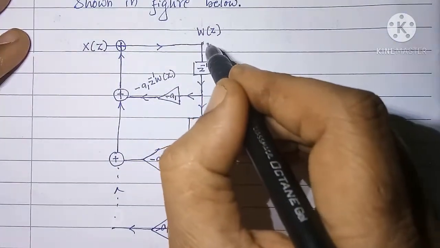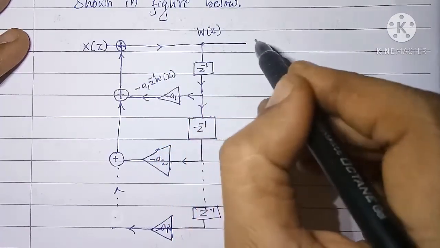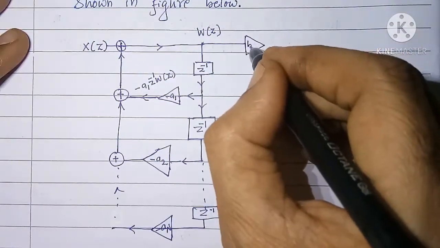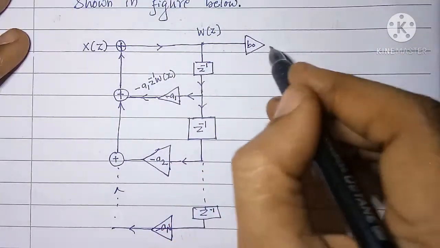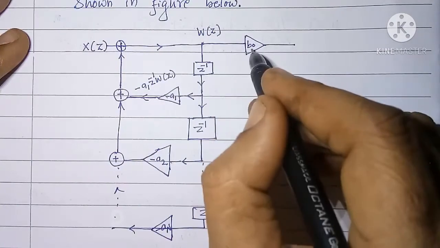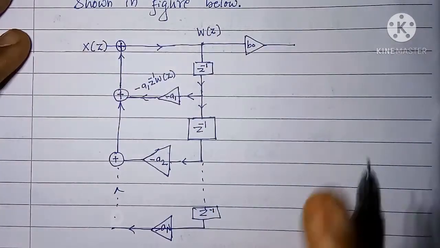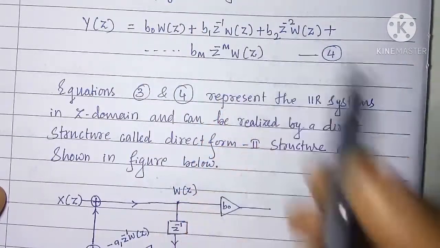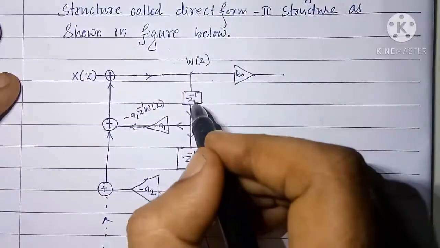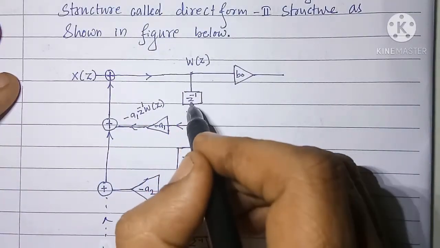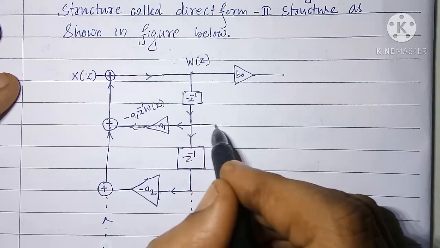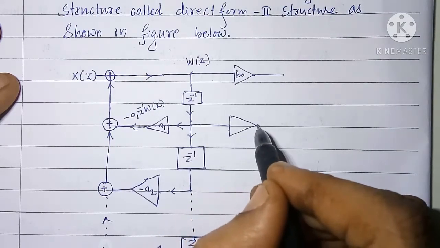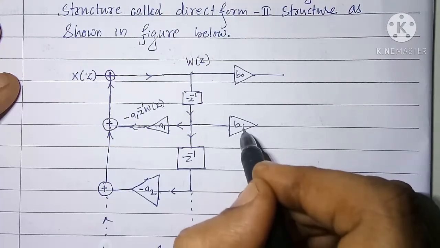So here now W of Z we are having. I will multiply this by B0. Output here is B0 into W of Z. The second term is B1 Z raised to minus 1 W of Z. W of Z into Z raised to minus 1 we are already having at this point, and this output is to be multiplied by B1.